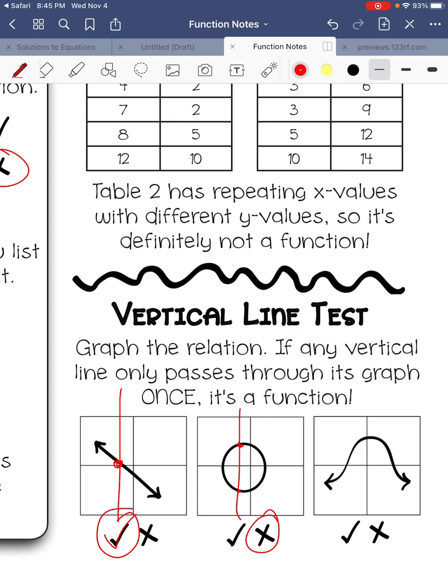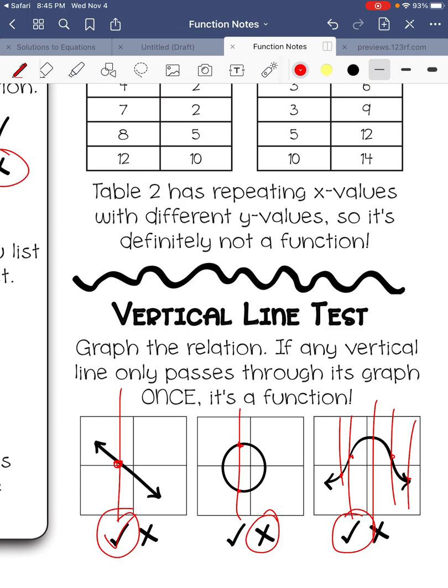Okay, this is another example here. Again, if I can draw a vertical line anywhere, as long as each line is only touching in one place. So no matter where you draw your line, it should only touch that black line one time. That's called the vertical line test. If it passes, it's a function.